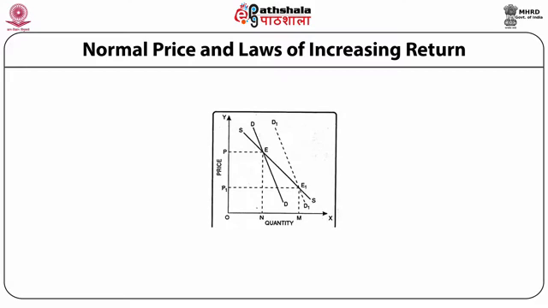With the increase in demand, price will fall to OP1. So, we can say that under the law of increasing returns, normal price would fall when demand increases and normal price would rise if demand falls.